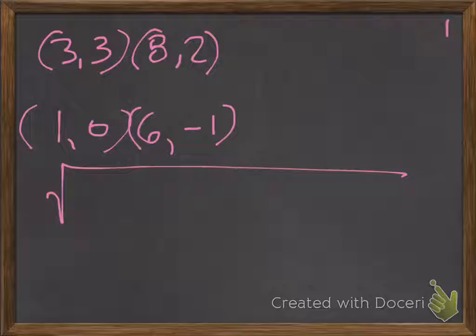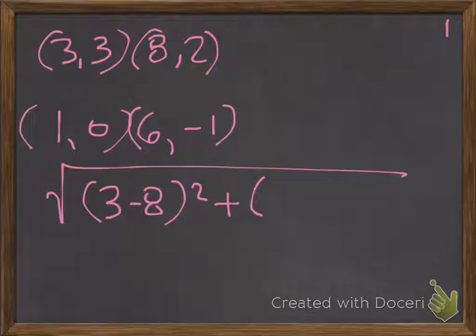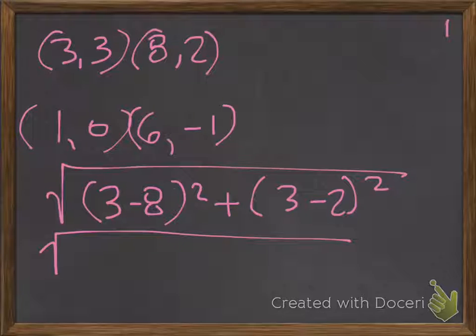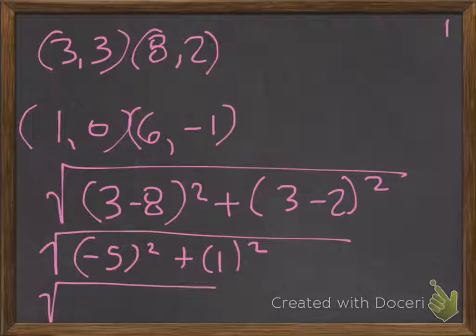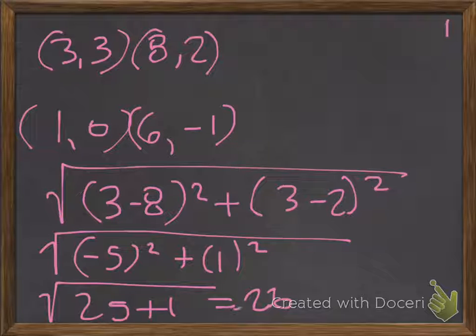So to review, that is subtracting the x's, squaring them, subtracting the y's, squaring them, then adding that together and taking the square root. So negative 5 squared plus 1 squared, 25 plus 1, or 26.